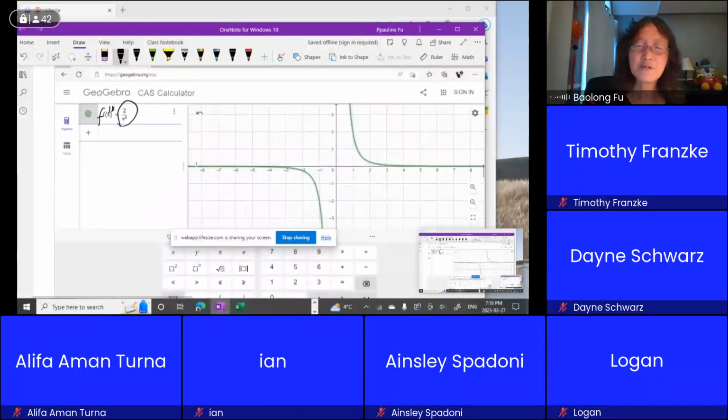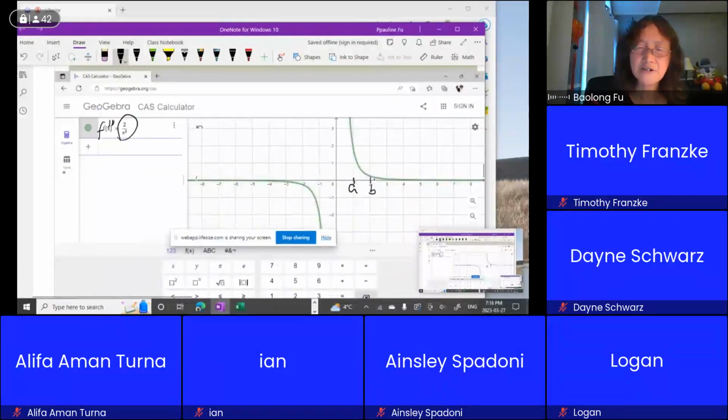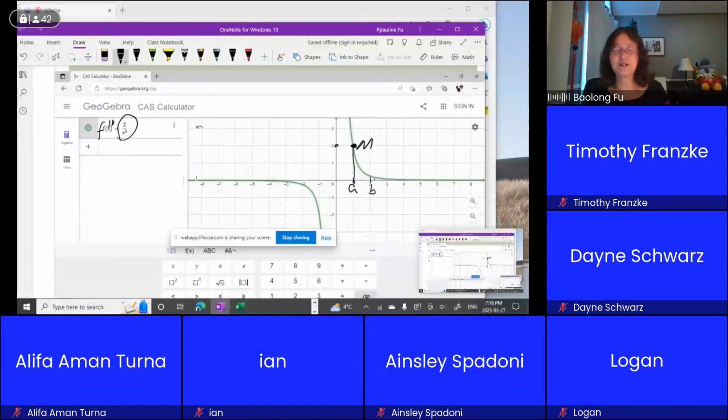Looking from 1 to 2, this is a, this is b. You go up, and you find the maximum value here. So M equals 2. This is another way to find M. Just to let you know.